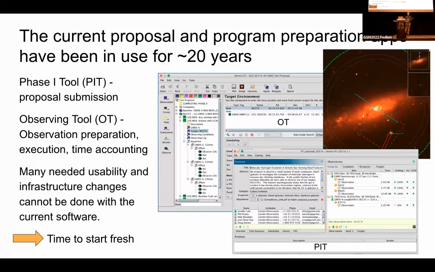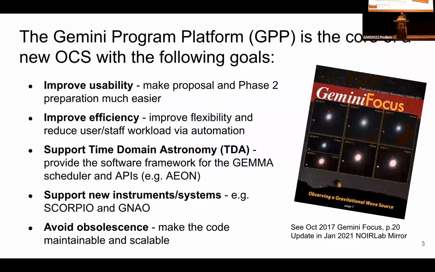And there are a lot of other reasons, because of the age of the observatory and changes in software, that we needed to do some basic updates to our whole software stack. So that led us to the Gemini Program Platform, which is really the core project of an even larger program of projects for upgrading our OCS software, which is the Observatory Control System. It's really the high level user interface for operating the telescope, for submitting proposals, and so on.